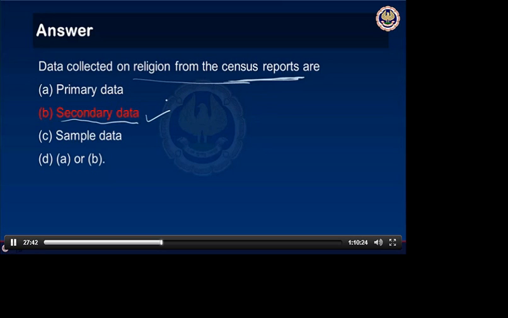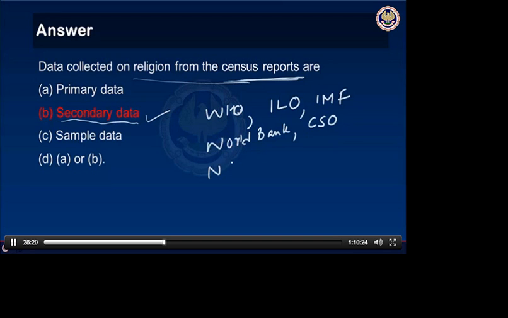Now, there are various sources of secondary data. We can get secondary data from a WHO report, or international labor organizations, or IMF, the International Monetary Fund, or World Bank, or we can take a government source like CSO, or Indian Agriculture Statistics by the Ministry of Food and Agriculture, or we can have data from a private source like NCERT, ICAR.